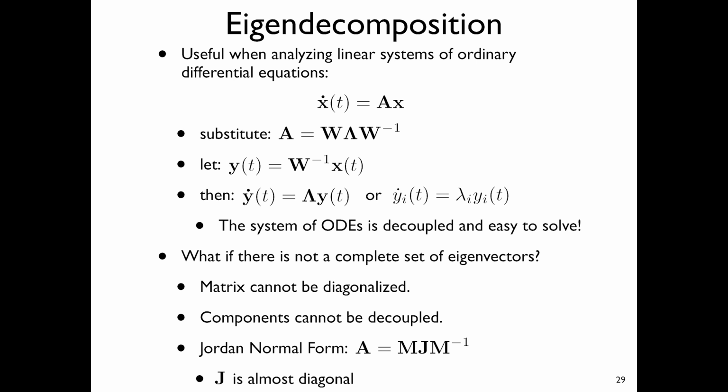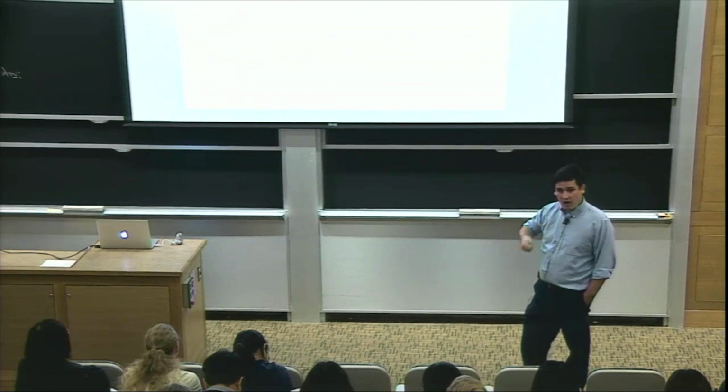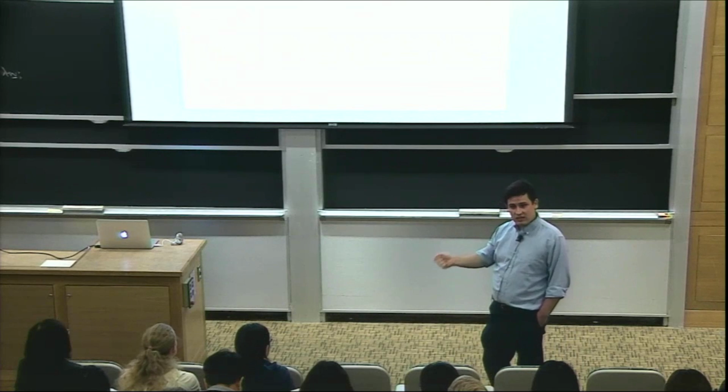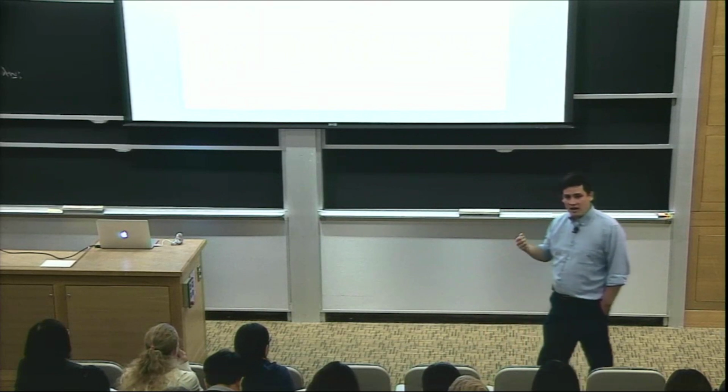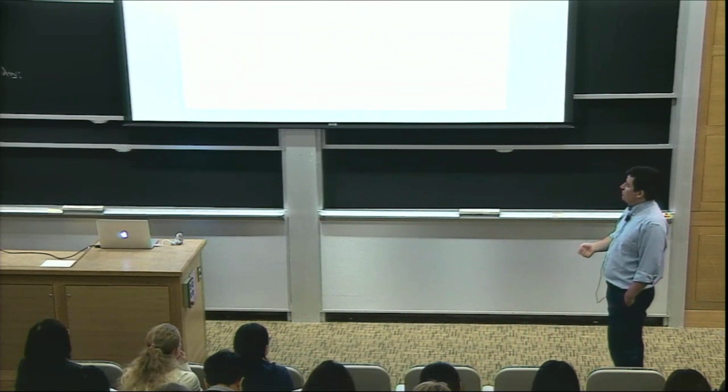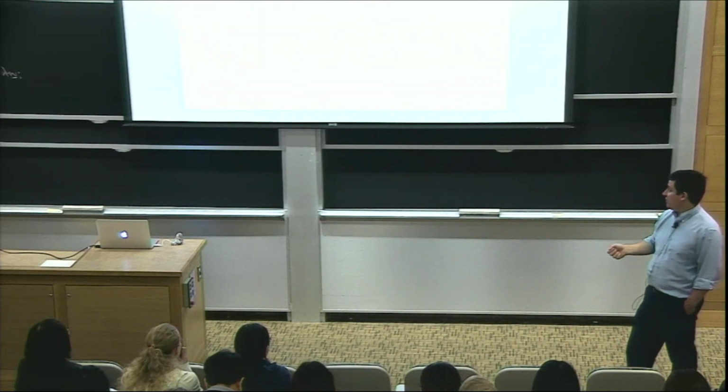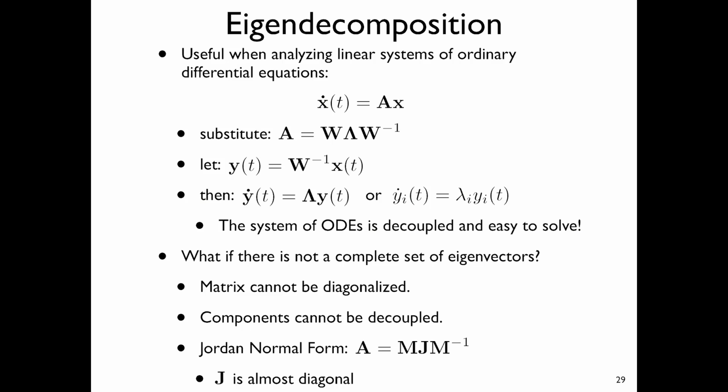So you see y dot is equal to lambda times y. Each component of y is decoupled from all of the others. Each of them satisfies their own ordinary differential equation that's not coupled to any of the others. And it has a simple first order rate constant, which is the eigenvalue associated with that particular eigendirection. So this system of ODEs is decoupled, and it's easy to solve. You know the solution. It's an exponential.